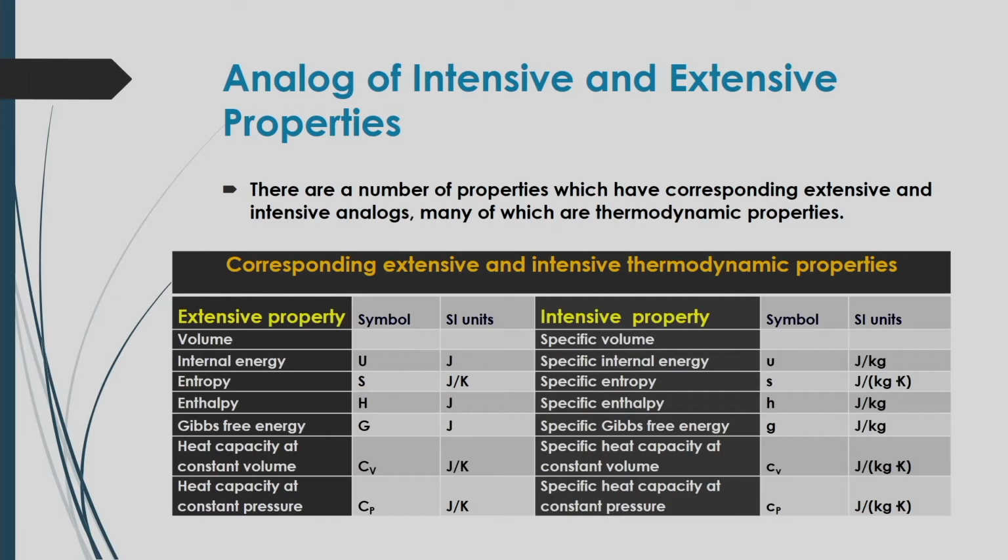In the table you will see their respective general symbols used for process calculations, and also their respective units in the international system. So, you have to try to remember most of these properties with their symbols as well as units.